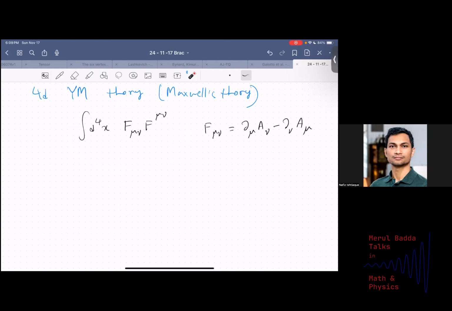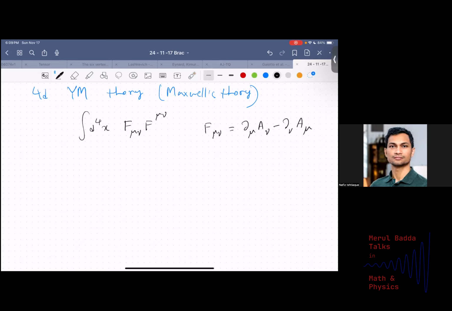And if something transforms non-trivially under gauge transformation, it may have some physical information in it, but not all of it is going to be physical, because gauge transformation is a redundancy. So of course there is physical information in A_μ, but A_μ itself is not a physical observable unless you do gauge fixing. I will not go into details of gauge fixing, but there are some ways of dealing with that.